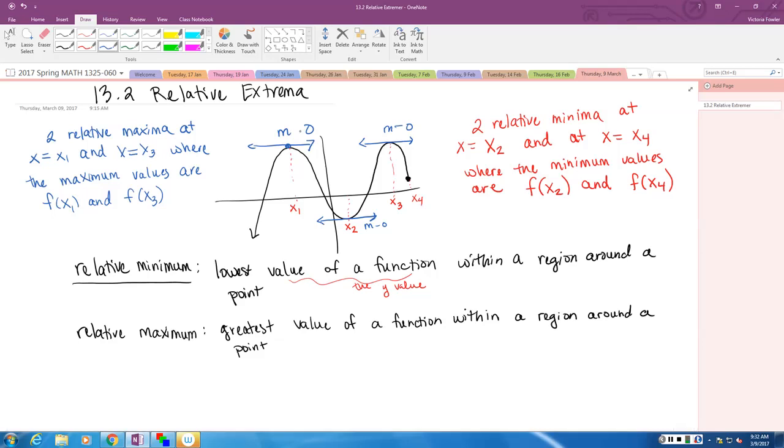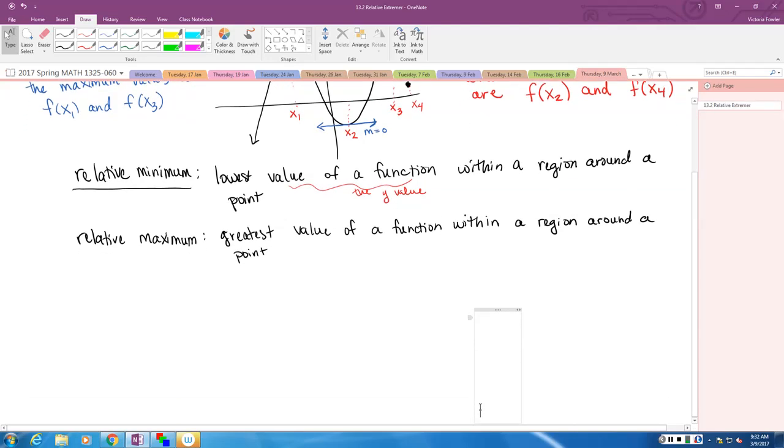We can actually look and see, hey, each of these critical numbers are relative extrema, and it turns out if you have an endpoint, that will also be a candidate for relative extrema. So we're going to formalize this. I'm going to give myself a little bit of space on here.